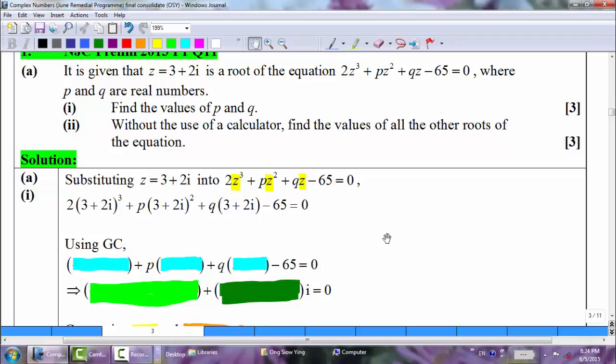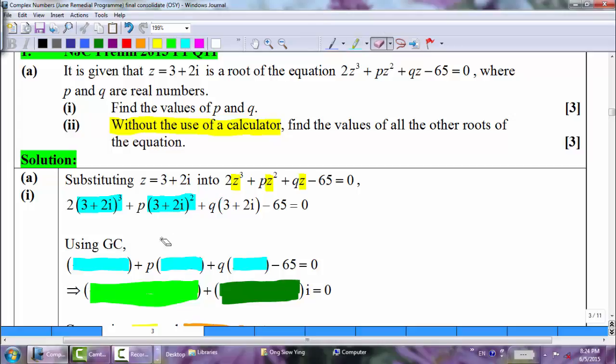In this question, for the first part, they didn't say without the use of a graphing calculator. If they didn't state that, for the first part you can use the graphing calculator to simplify expressions like 3 plus 2i cubed, 3 plus 2i squared, and 3 plus 2i in simplified form.